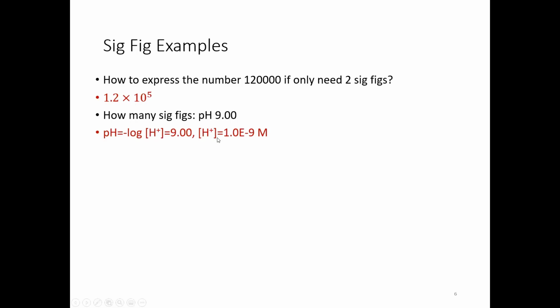So the hydrogen concentration in this case should be 1.0 times 10 to the power of minus 9 molar. The 9 doesn't count into the significant figures. When I say the pH value is 9.00, the significant figures for that measurement is only 2.